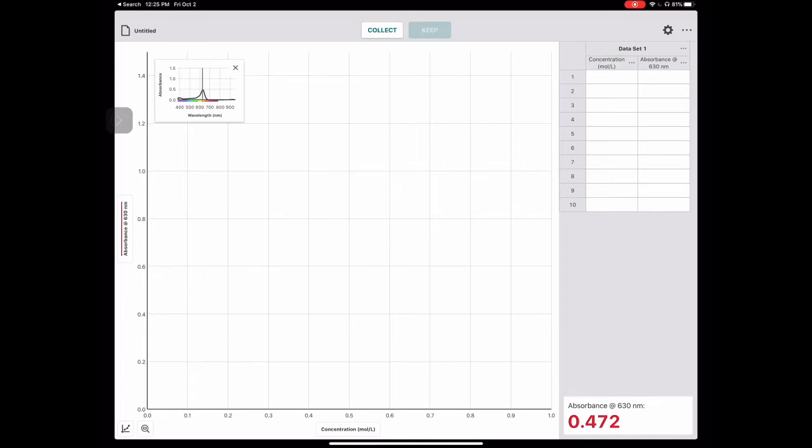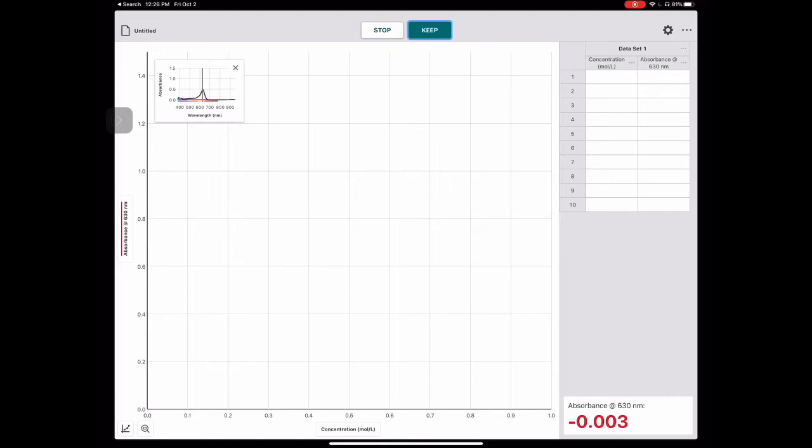Press Collect and enter your first sample. Your first sample at this point should be your zero sample again, your sample with only water. Note the absorbance value on the bottom right-hand side of the screen.